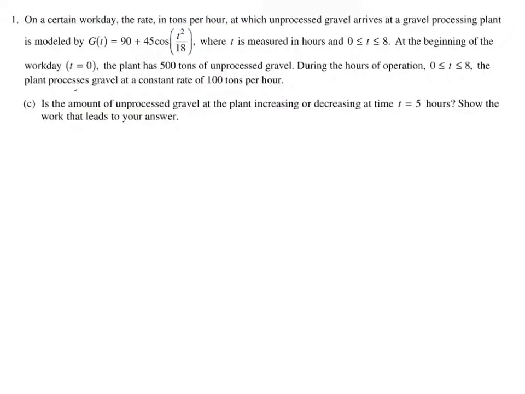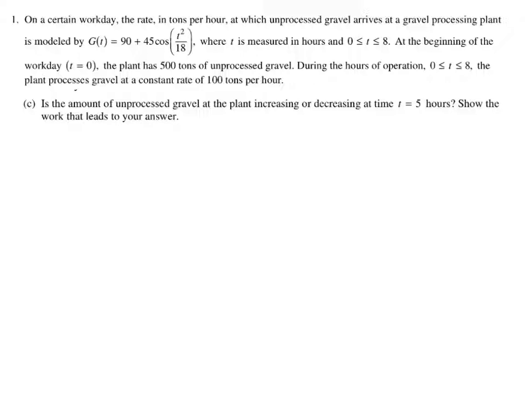Part C, it says, is the amount of unprocessed gravel at the plant increasing or decreasing at t equals 5? Now this is where the rate in and the rate out come together. Okay? I'll just give you an example.